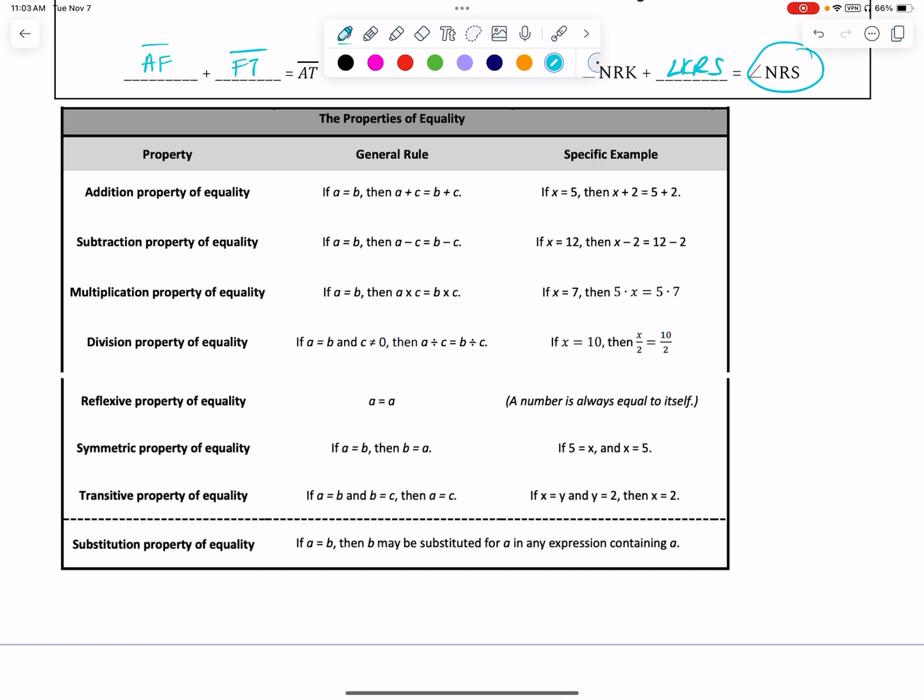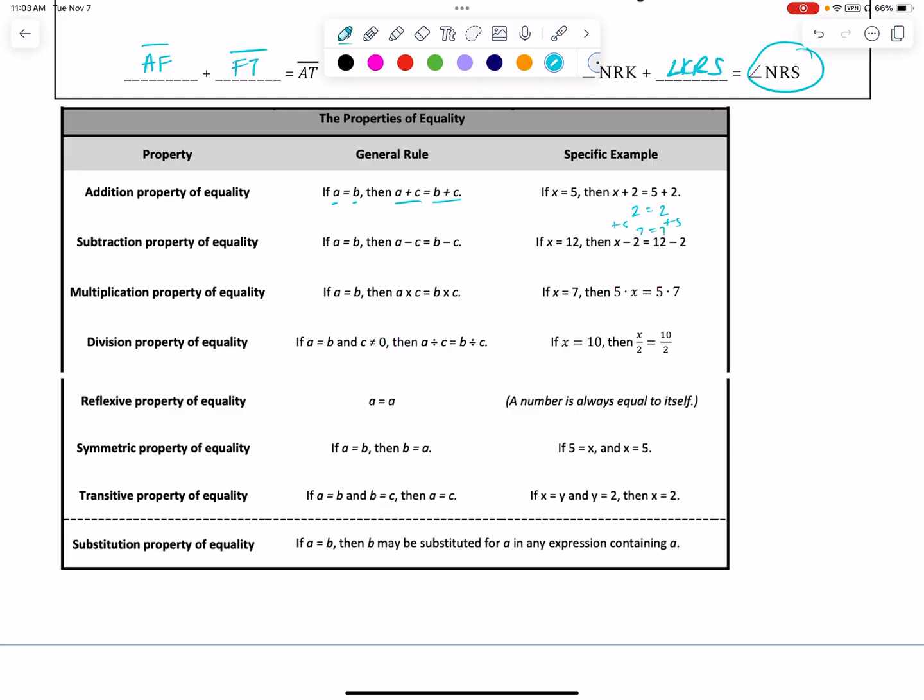So if you have, let's say, A and B equal to each other, and you add them to both sides, then the two sides of the equations are still equal. For example, if x equals 5 and you have 2 equals 2, and you add 5 on both sides, you still get 7 equals 7.